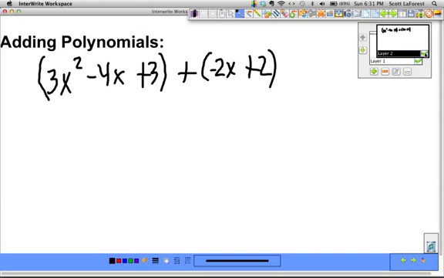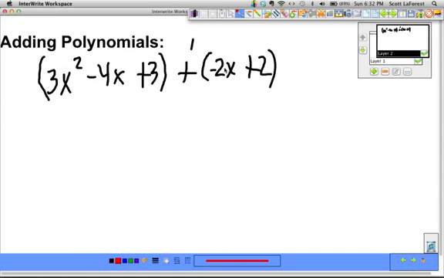And what we're going to do is basically just be adding anything with the same exponent and same variable. On this one, what I like to do is rewrite my second polynomial here, because we have two polynomials, and we split it up with our parentheses.